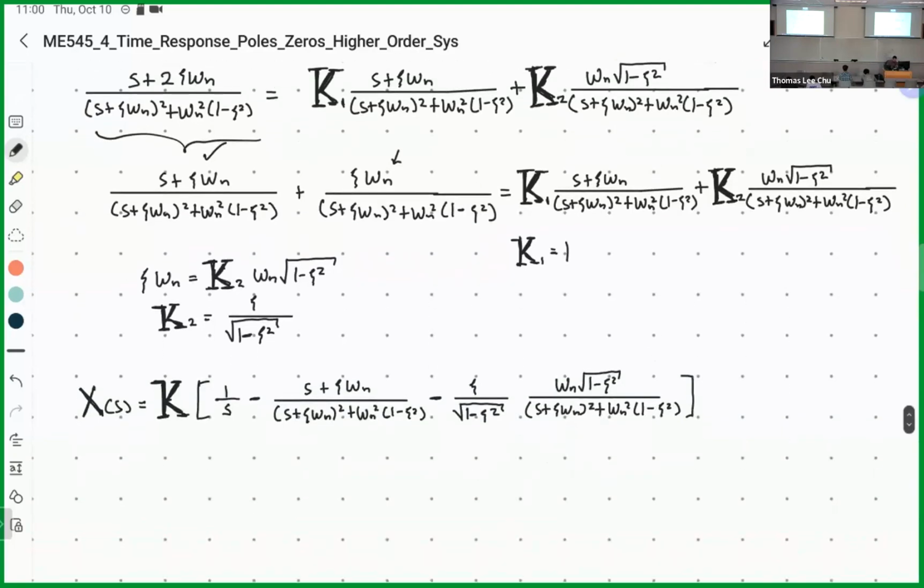We're so close. Now we can apply the inverse Laplace transform.